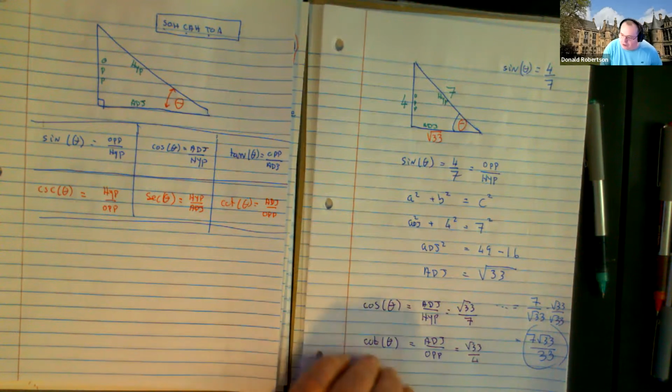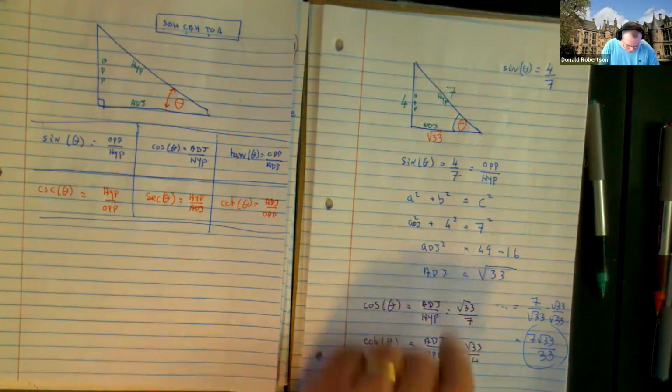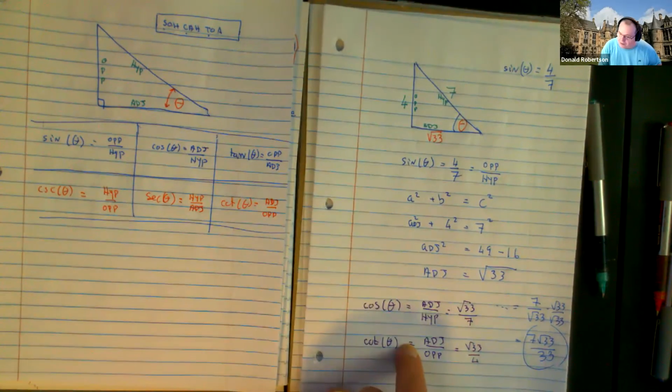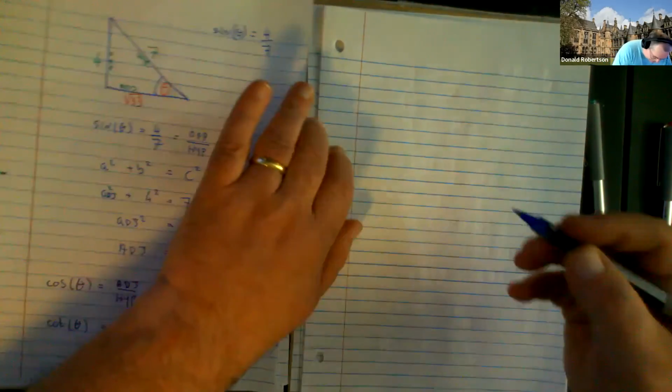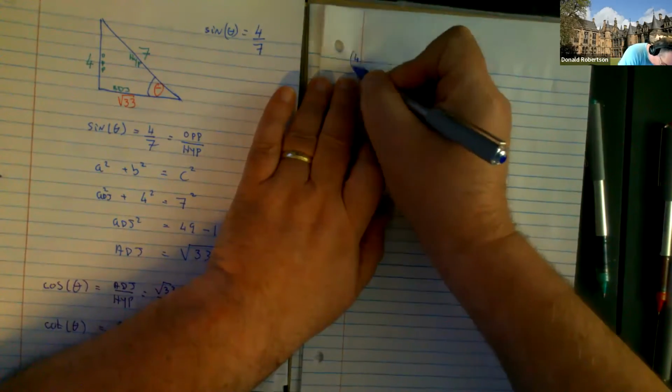Any questions so far? Pretty straightforward. Build a triangle, get your formula. See if I can pick one then. This is question 4 from the homework.